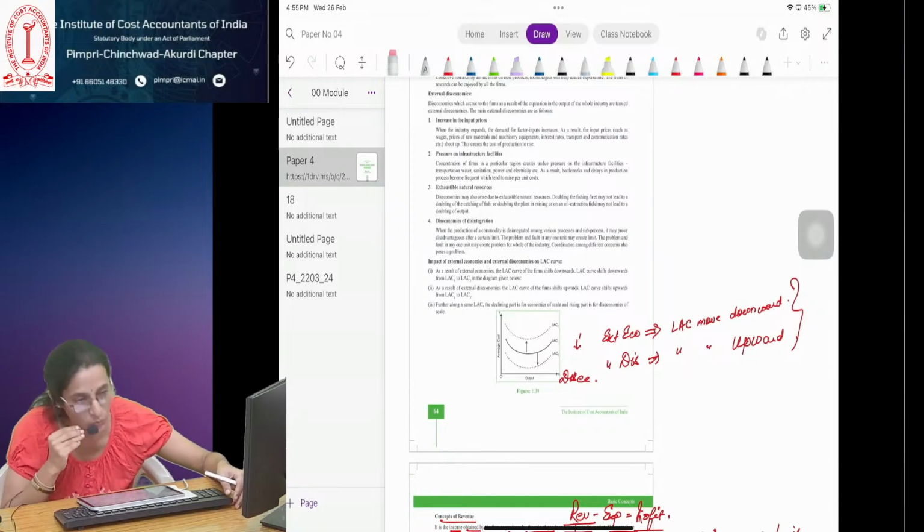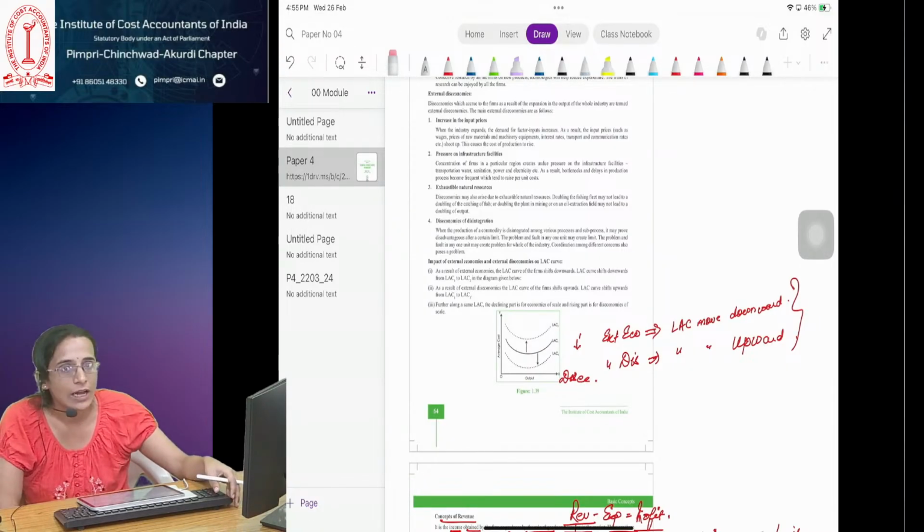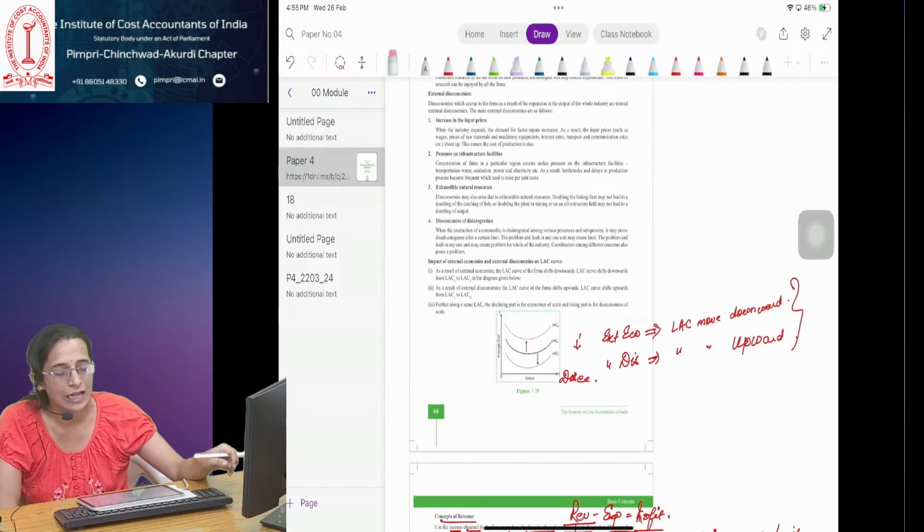Exhaustible natural resource. See, suppose I am a person mining gold. I am a company which goes and tries to mine gold. I have machinery which is digging and finding the gold, and after I get that natural resource, I purify it, convert it into gold and then sell it in the market.